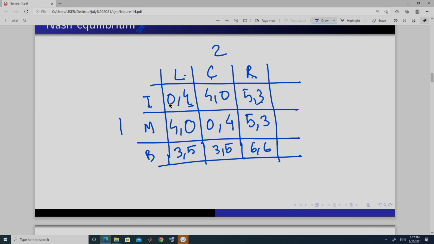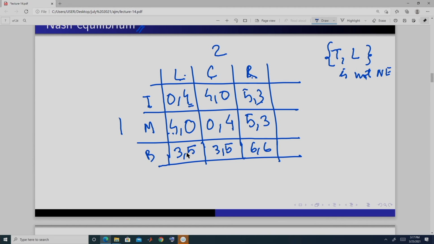The best response is not T, it is M. Therefore, T and L is not a Nash equilibrium, because if player 2 plays L, I am not going to choose T, instead I am going to choose M. So we can also strike off these outcomes, because whenever player 1 plays T, player 2 chooses L, not C, not R. So these are not outcomes.